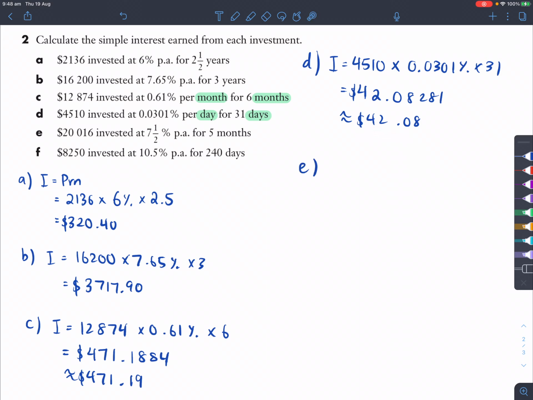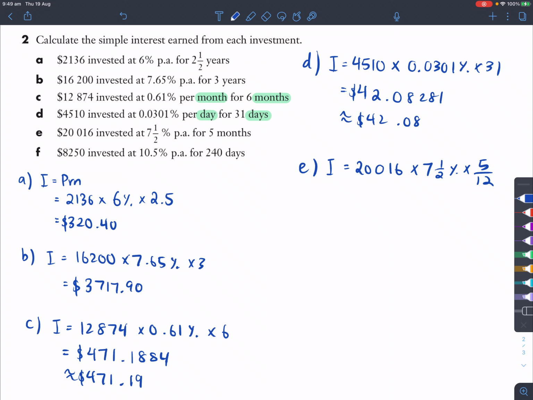E. Now, E is a little different because this is a percentage per annum, whereas this is months. So we're going to write I = PRN, but firstly, we've got $20,016. We're going to multiply this by 7.5%, but we're going to change the time to how many years it should represent. This is 5 out of 12 months, so we're going to divide that by 12 to convert that to years.